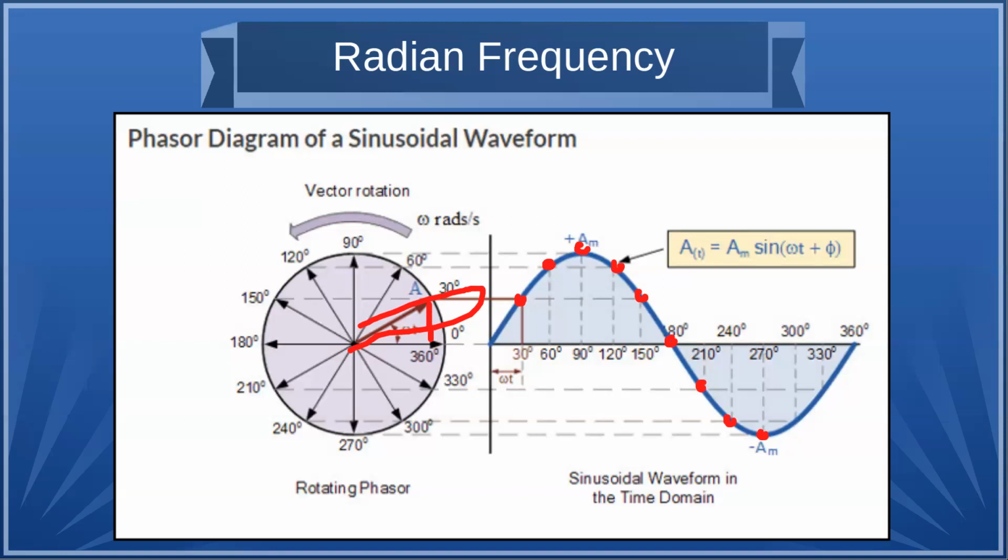So regardless of what the radius is, the circumference is always going to be 2 pi. So we can say that 2 pi radians, if we call the radius a radian without a length, would equal the circumference of the circle or represent a complete waveform.